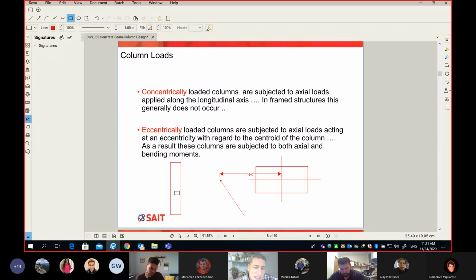So let's look at the situation here. You have a column, and outside of the column we extend a cantilever. Typically, you will see this shortly in my class, this is typical for an overhead crane.